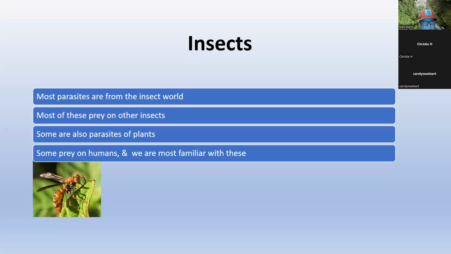Okay, so now we move on to insects. Most parasites that we have and deal with are from the insect world. Most of them prey on other insects. Some are parasites of plants. And as we know, some prey on humans, and we are the most familiar with those.